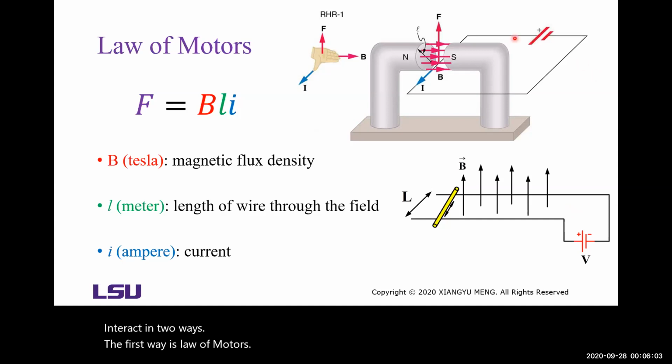If we let a current flow through the inductor, and then arrange this inductor with current in a magnetic field, then there will be a force.